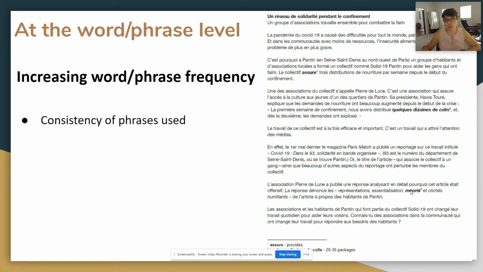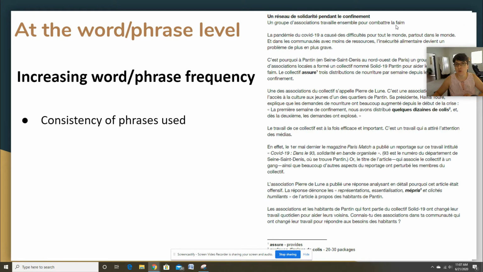In this article, there are some phrases or topics that are important for the student to understand this article. The students need to understand la faim, the hunger, and that's really a major one. But look at this. The author has chosen to use sometimes la faim and sometimes l'insécurité alimentaire. So hunger or food insecurity.